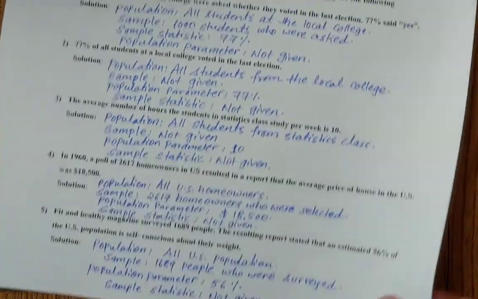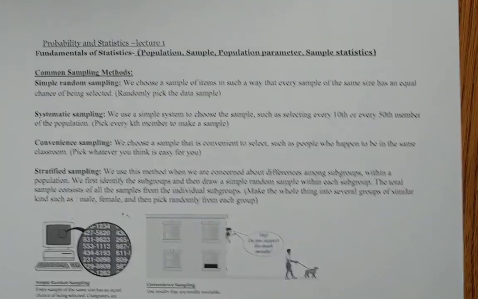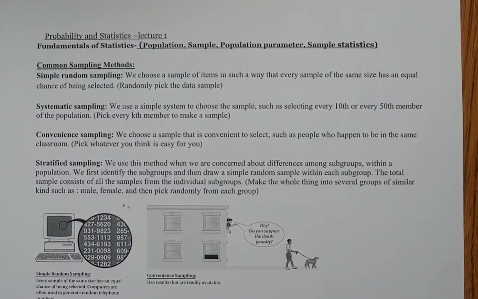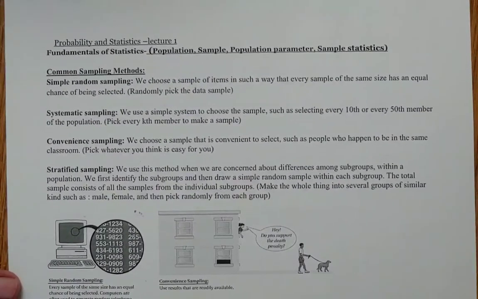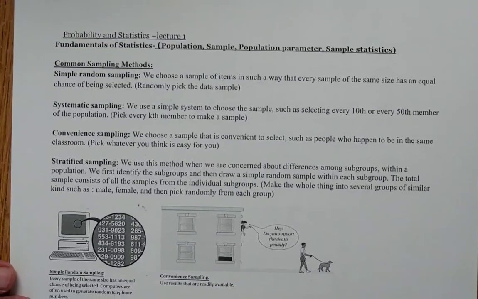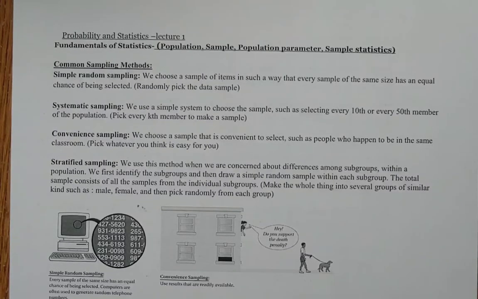Okay, let's go to the next page. This page is about common sampling methods. How can we collect a sample from any source or data? If there is a big population, sometimes we can't get the whole population, so we need to get some sample and draw a conclusion based on that sample.